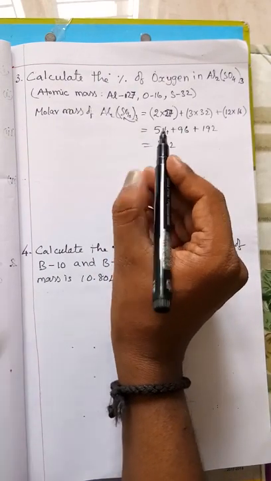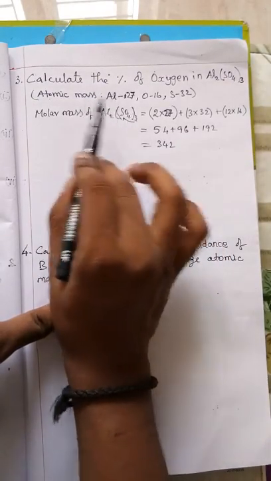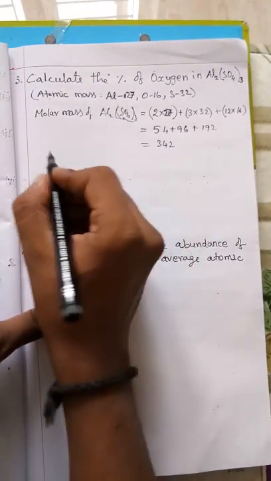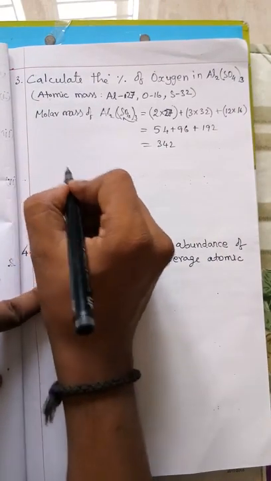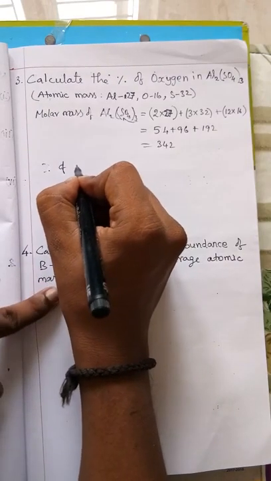342. Now we want to find the oxygen percentage in the aluminum sulfate. Only oxygen is needed, so here it is very simple.